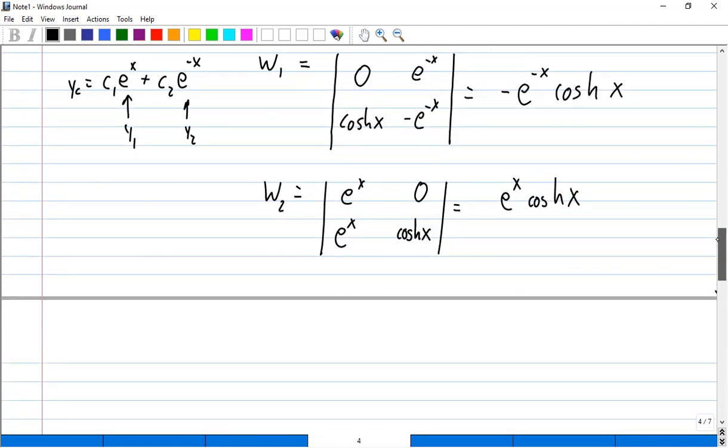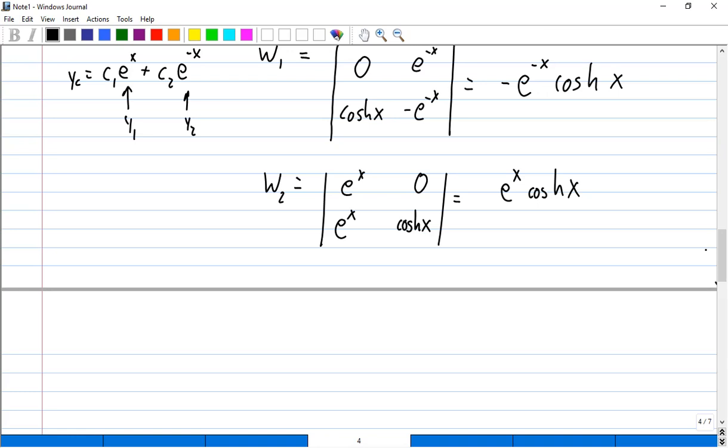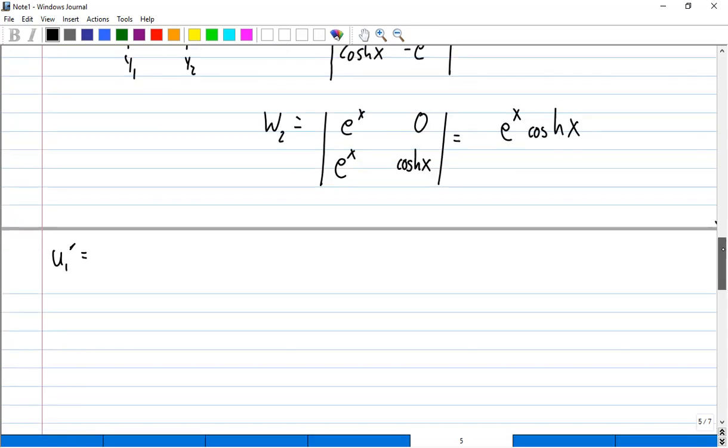All right, so here's the point where, when we start finding our u sub 1 prime and u sub 2 prime, either you can use technology to do these integrals, or I can go a little deeper into hyperbolic cosine. And I don't mind doing that really quick. It doesn't take that long to do. So we know that u sub 1 prime is Wronskian sub 1 divided by the Wronskian.